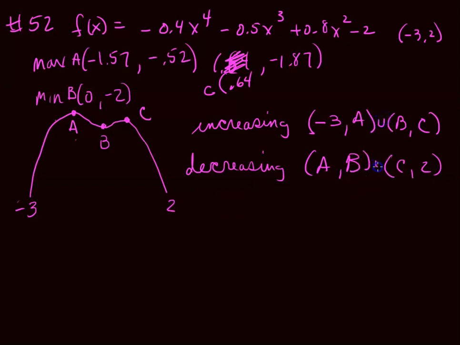When you've got separate intervals, you can get their union by using that union symbol. That should be all they want for number 52. Not bad, sort of fun. Learn a little bit more on your calculator. You should be able to do the rest of these problems. Section 3.3.